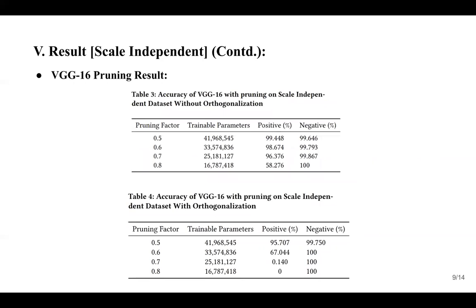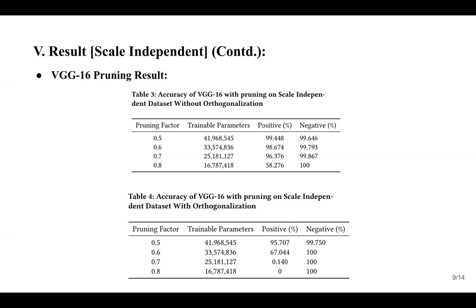For scale-independent tasks, VGG16 performed quite well without orthogonalization, but with orthogonalization, it performed a lot worse. That's because if we use orthogonalization, the network's filters learn explicit features that are recognized by the filters, and they do not share filters in the same layer.